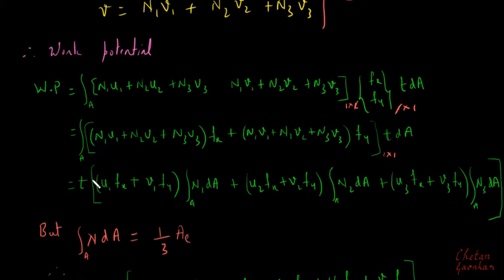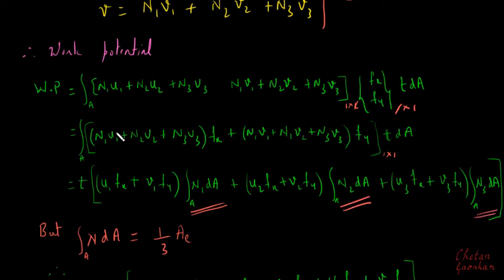At this stage I have brought this t outside. The nodal displacements and the body force terms are independent of this area, so I can bring them outside of this integral, and then this integral will be applicable only to these shape functions n1, n2, and n3.